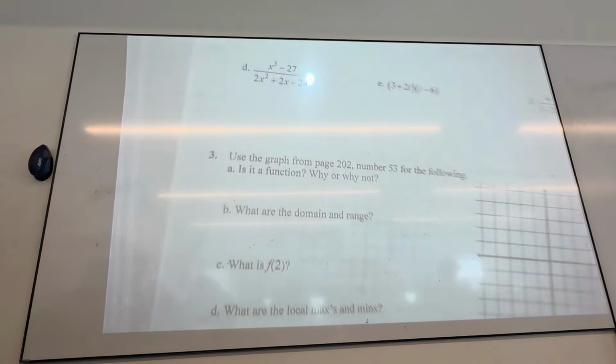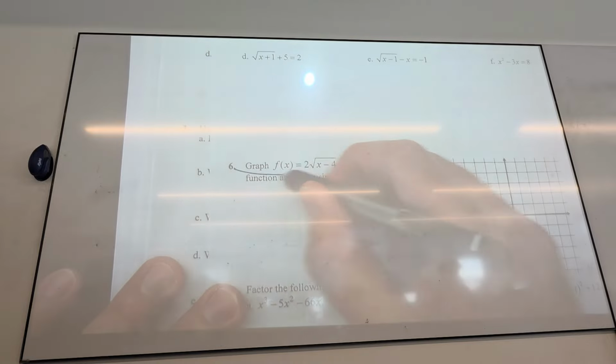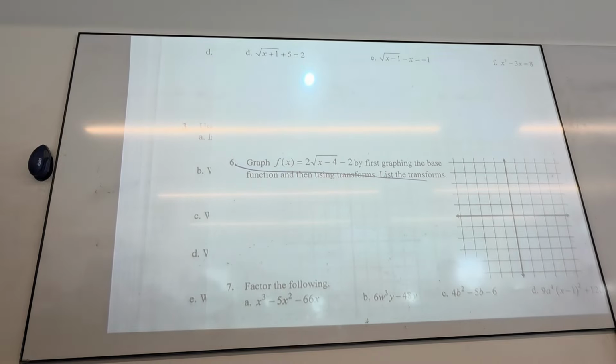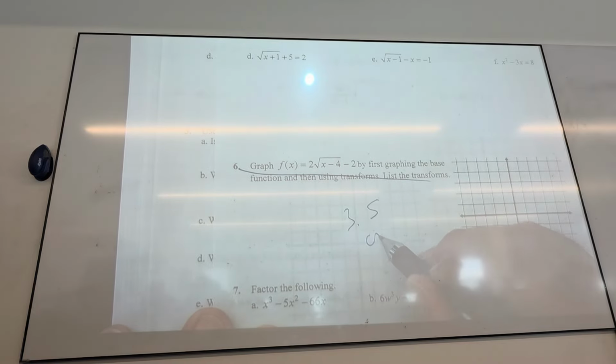I'm sorry, what was the question again over here? Number 6 on the practice test. Oh, this is the one, wait, where's 6? On the back side. Yeah, this is one of the ones I threw out. So I'm sorry, if you got the practice test today, we didn't make it to transformations. 3.5 will be on the next test.